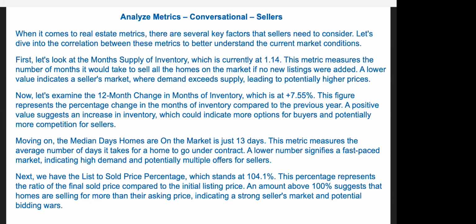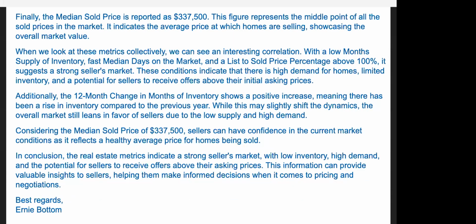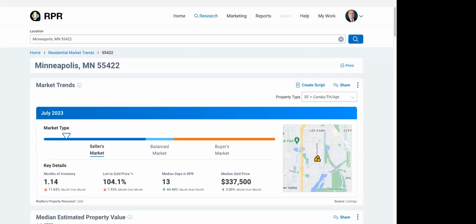So again, you can see it's conversational. It's probably how you would talk. In conclusion, the real estate metrics have a strong indication of the seller's market, with low inventory, high demand, and the potential for sellers to receive offers above their asking price. So very, very good information, again, for a blog post or as an email campaign that you might send out.